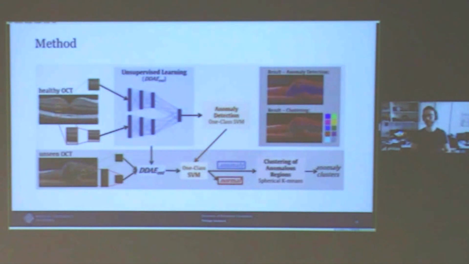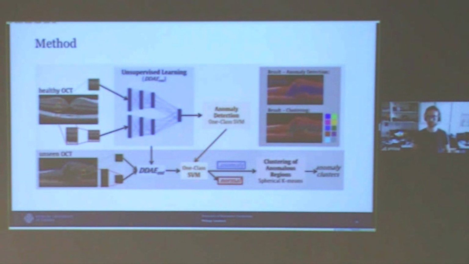If you remember the support vector machine, the SVM that I introduced several slides before, we had this hyperplane that separated healthy from diseased cases. The one-class SVM is a specific variant of this, where instead of a hyperplane that separates data, you try to find a sphere that best describes your available healthy data, and everything outside of this sphere, after you have defined it, will be detected as anomalous.